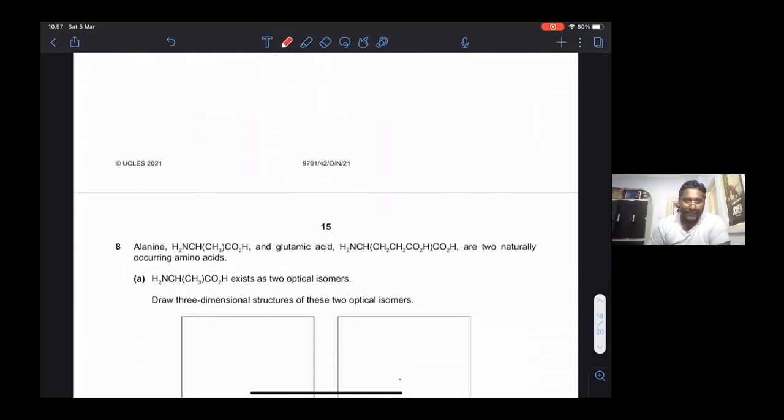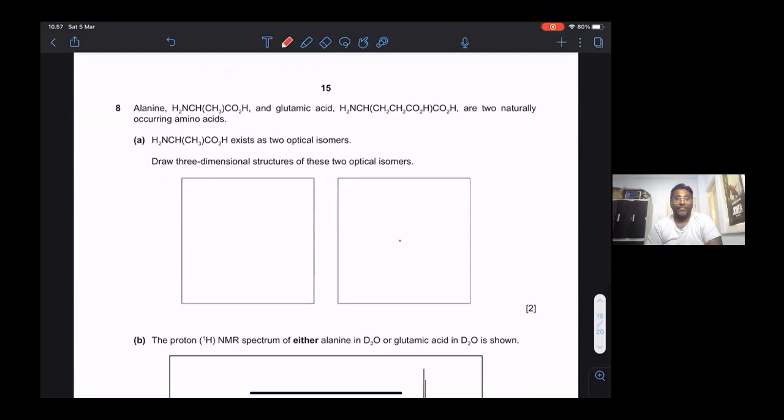So next question, alanine. They have given you all this information, so no need to refer to the data booklet. Generally when you look at an amino acid, they are going to have C, and then COOH, and then NH2, and then the H and the R group.